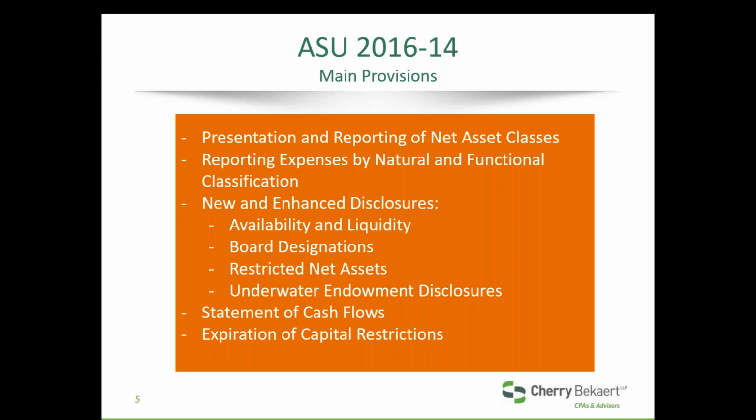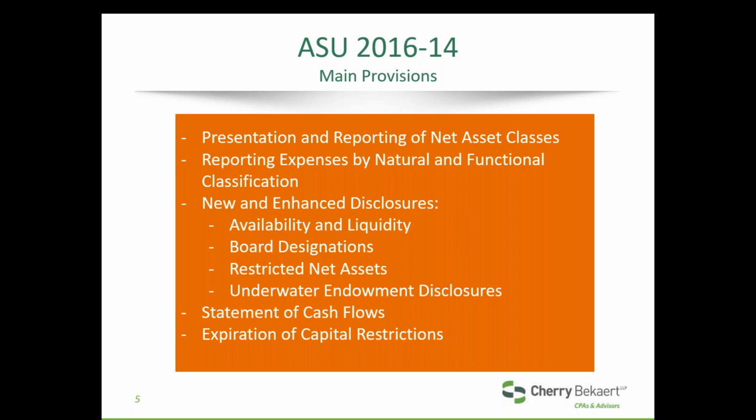So with that said, I'm sure you all have hopefully heard this about 1,000 times before, but an overview of the main provisions of the ASU includes the presentation and reporting of net asset classes, reporting expenses by both nature and function. There are some new and enhanced disclosures, which I'm sure you'll hear me use the word enhanced a couple times throughout the webinar.